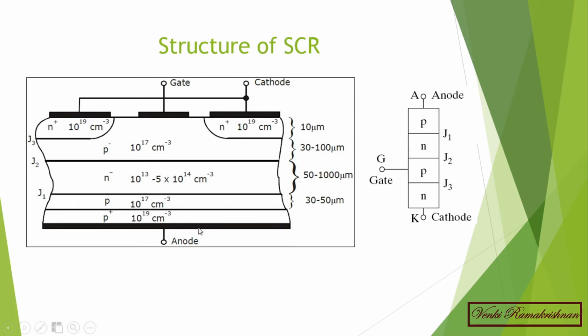On the substrate, heavily doped p-type, which is about 10 power 19 per centimeter cube, is developed, over which lightly doped p-type and then lightly doped n-type, followed by p-type and n-type, which all together forms the PN-PN structure. So these are the thicknesses of each layer.